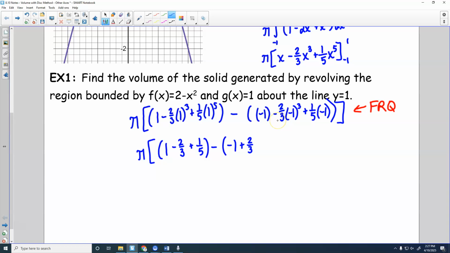Then you multiply it by that -2/3, so that becomes positive, and the 1/5 will be negative. However, this negative right here gets distributed to those values, and it switches all their signs back to positive.